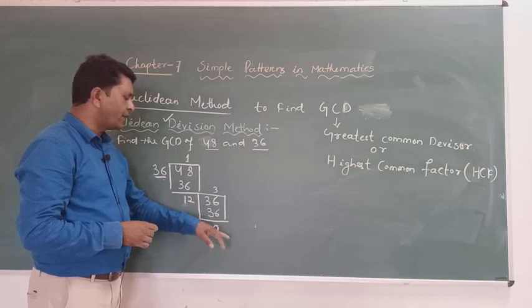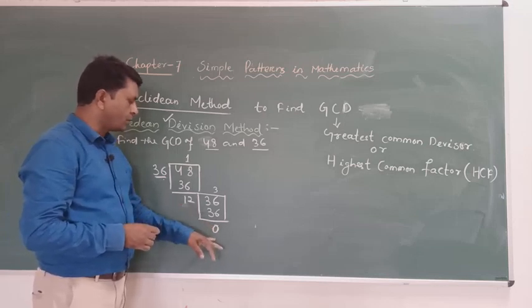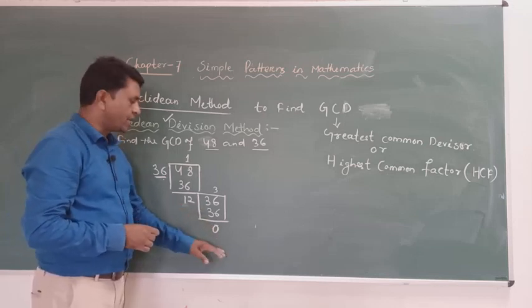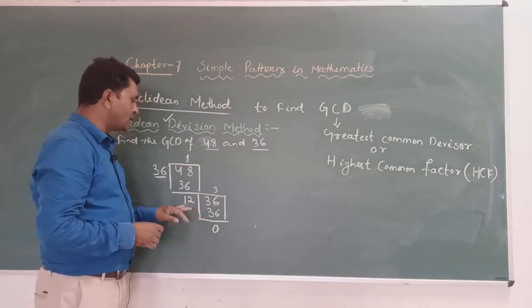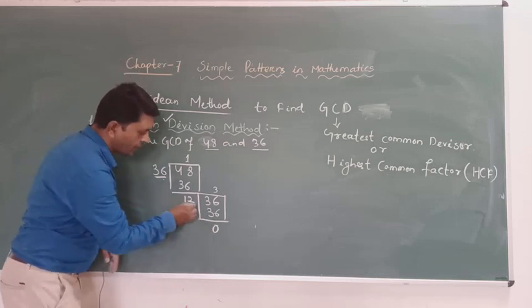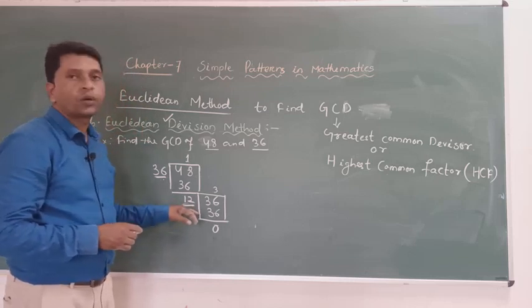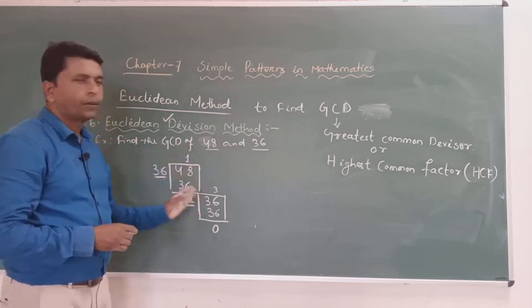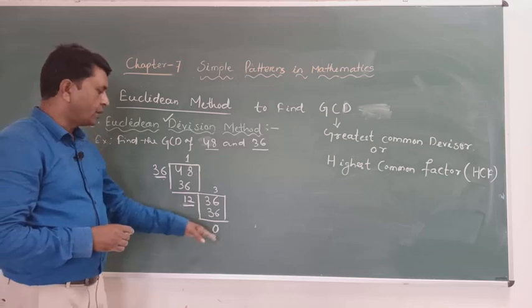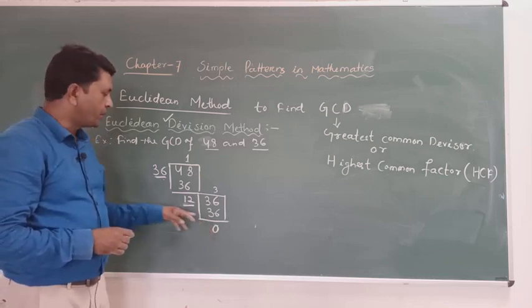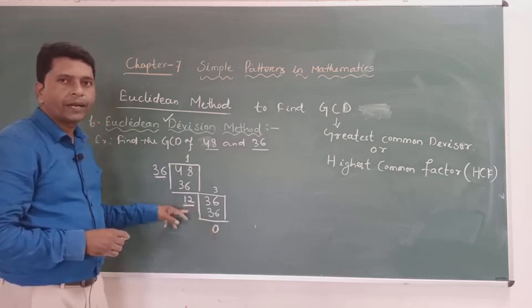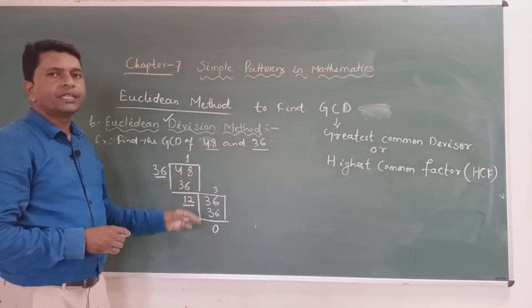So we cannot divide 12 by 0. This is the last step, and the last divisor, that is 12, is the GCD of the two numbers. When you get the remainder 0, the previous divisor is your GCD.